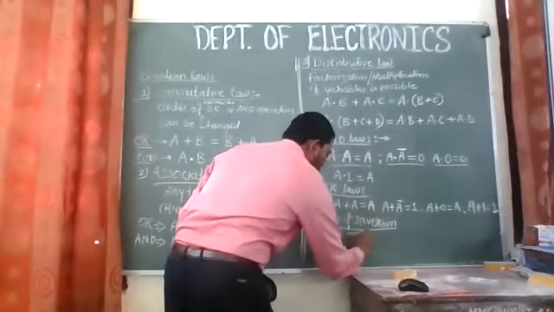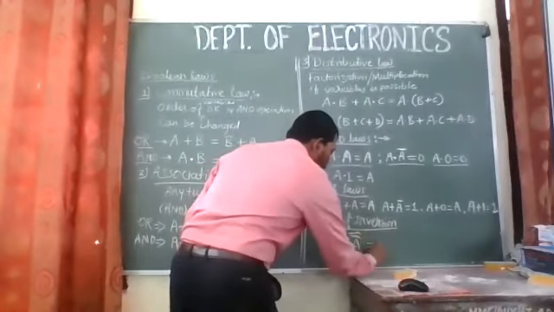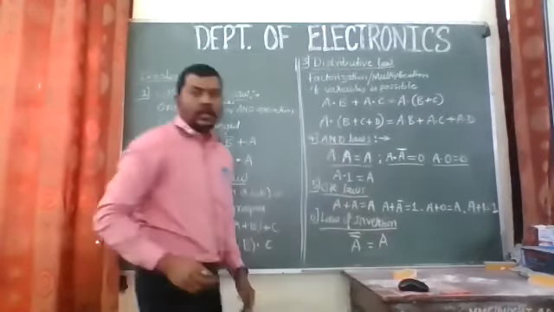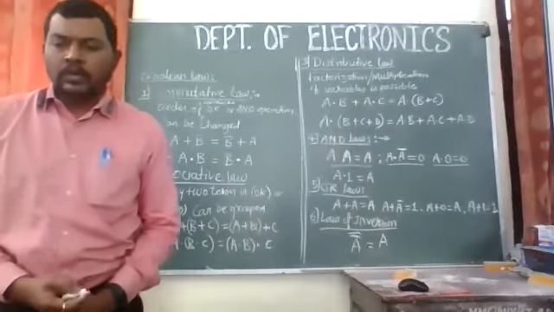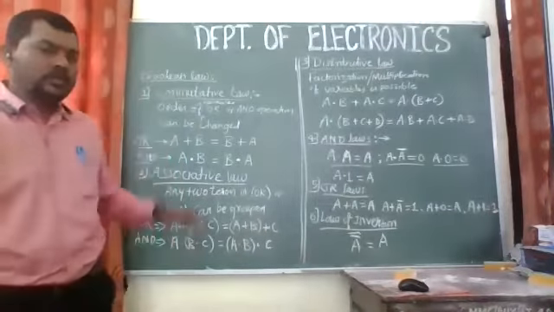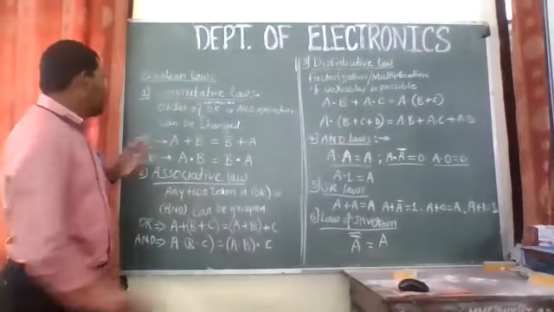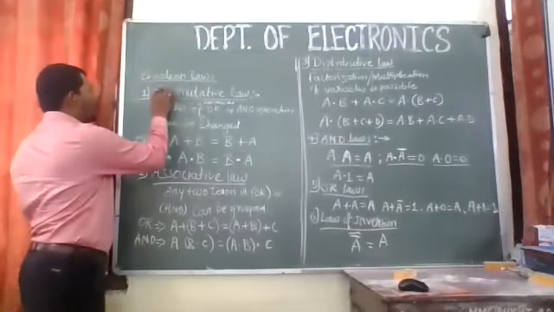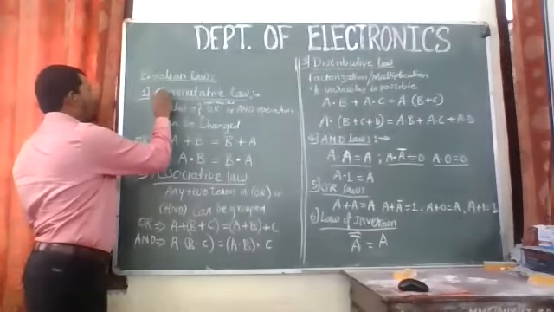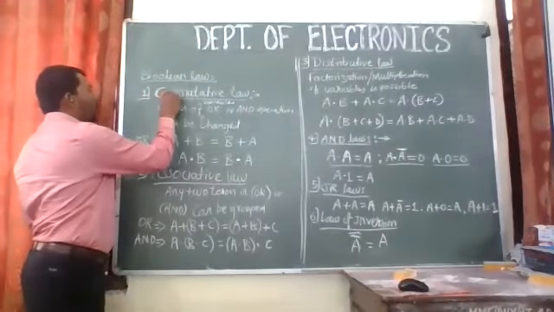A double complement will give you A. So this is the law of inversion. There are six laws. I will repeat them for you. The first law we call the commutative law.